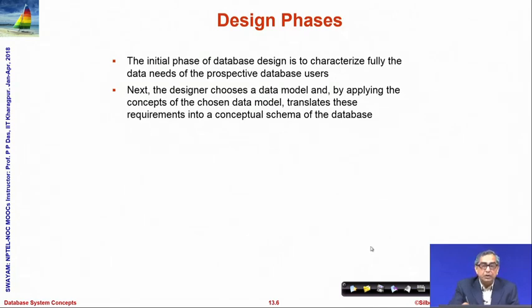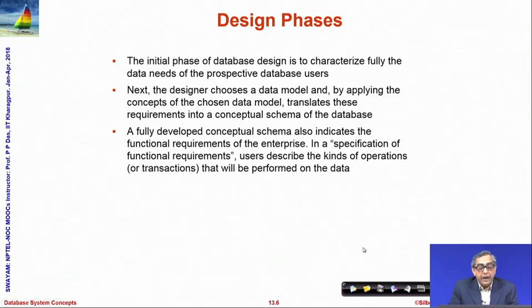This is grossly what I want to do. And a fully developed conceptual schema will indicate my functional requirements, in terms of what usually is called a specification of functional requirements, system requirements. It will specify what kind of users will be involved, what kinds of operations and transactions will be performed, and so on.